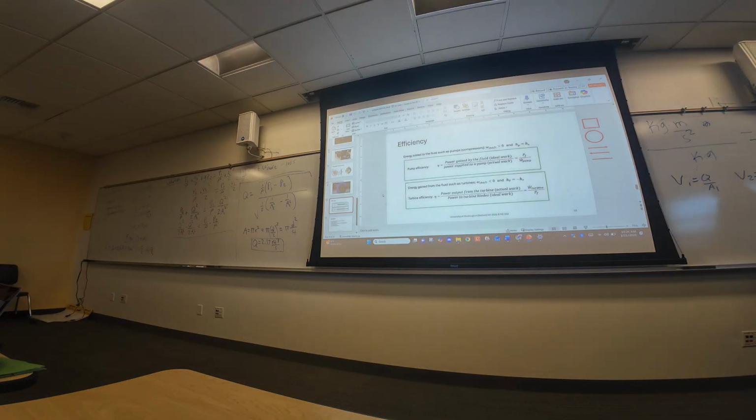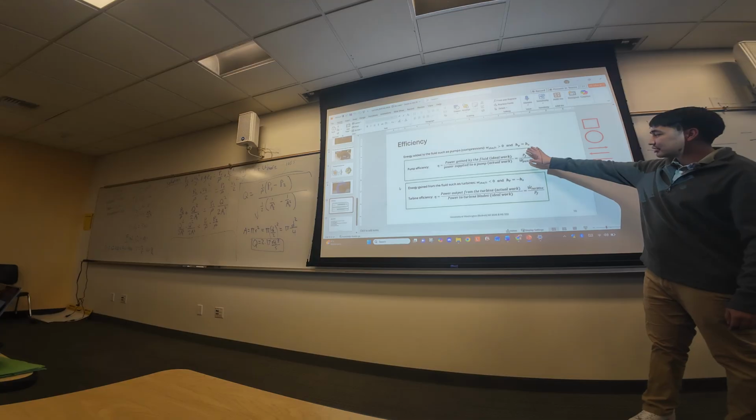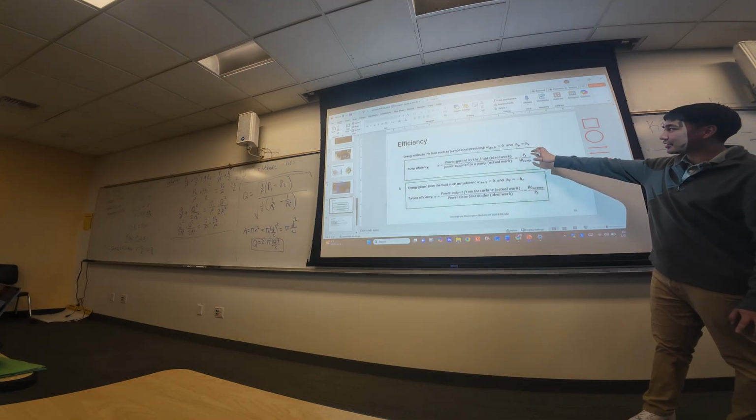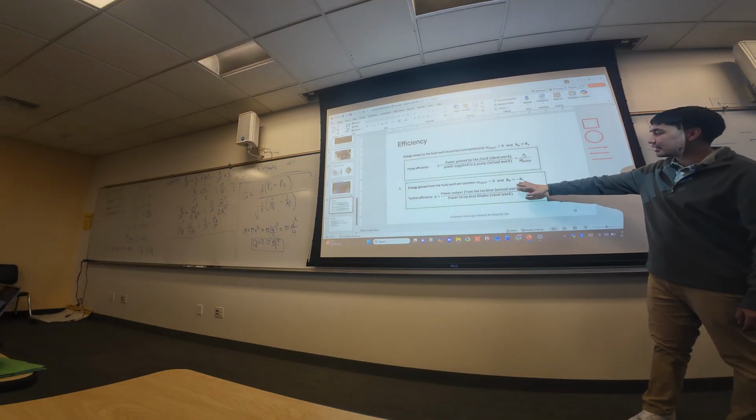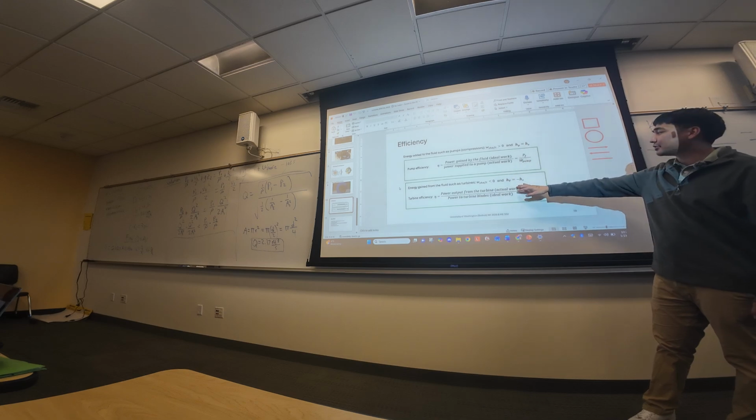And here are some efficiency equations for pumps and turbines. I believe you need this for your homework, I think for one question. If not, we'll use this in the future. This P subscript is still your head, so your P and your T just stand for pump and turbine.